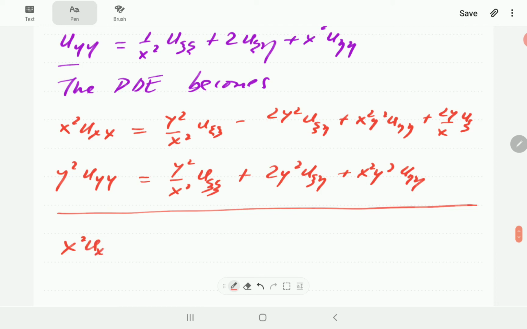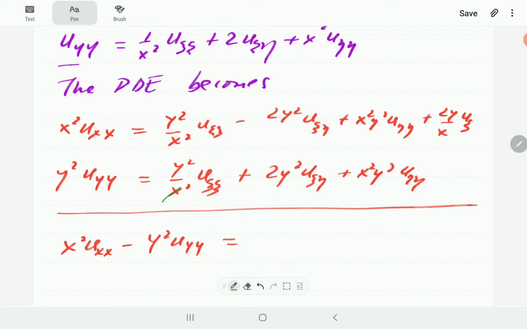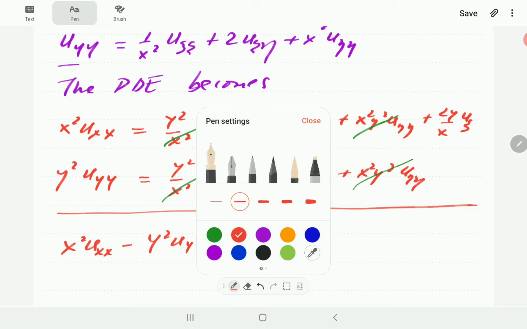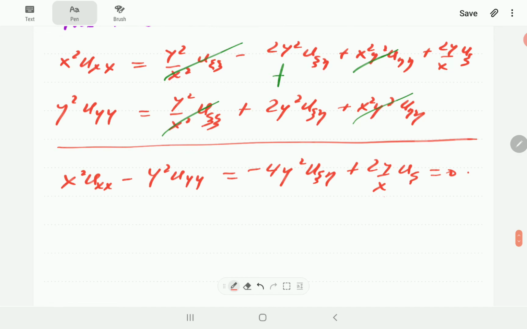So x squared uxx minus y squared uyy is going to give us, this term cancels out, this term cancels out, these two terms add. Okay, so we're going to have negative 4y squared u xi eta plus 2y over x u xi. This is equal to 0.